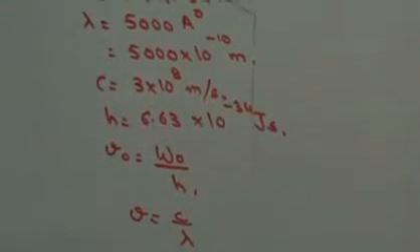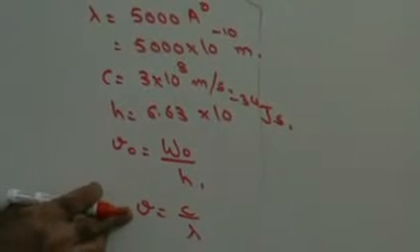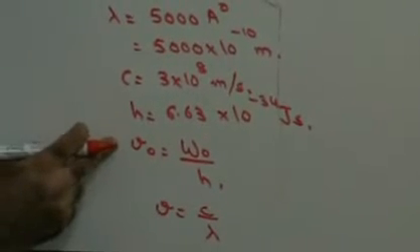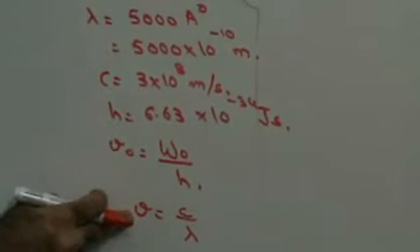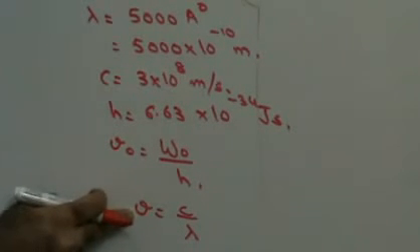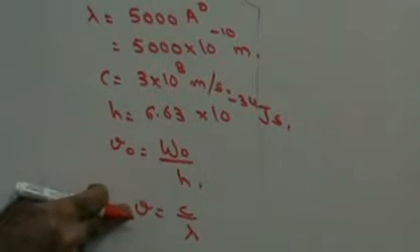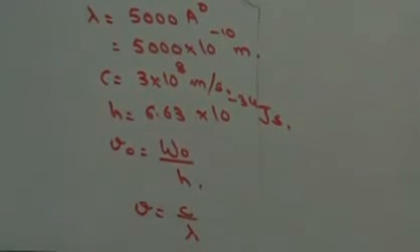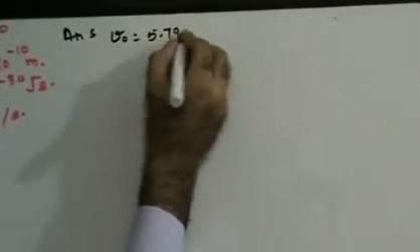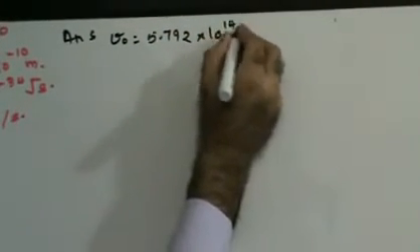Once you have these two, you have to compare the incident frequency with the threshold frequency. If the incident frequency is more than the threshold frequency, then there will be emission. If the incident frequency is less than the threshold frequency, there will be no emission. In this case, you will get your threshold frequency as 5.792 into 10 raised to 14 Hertz.